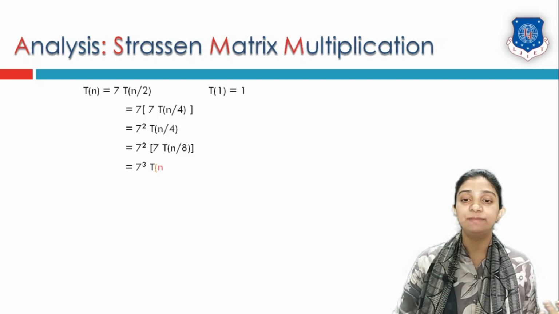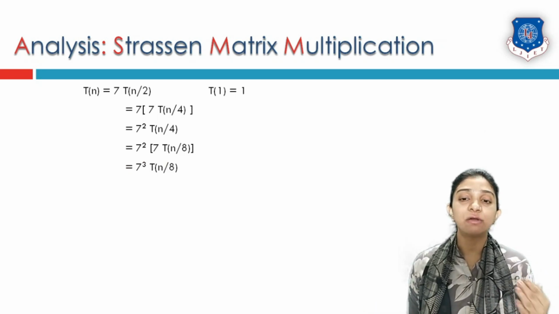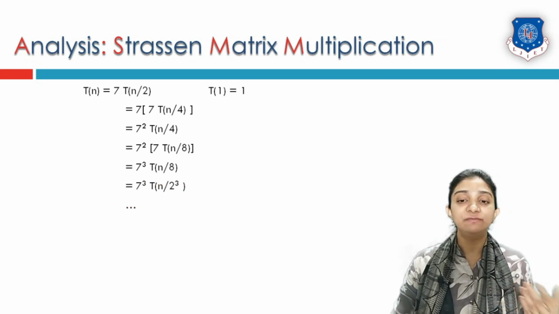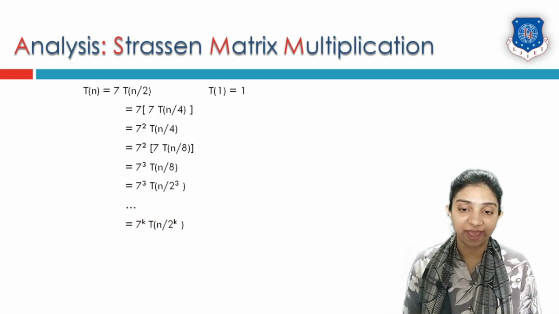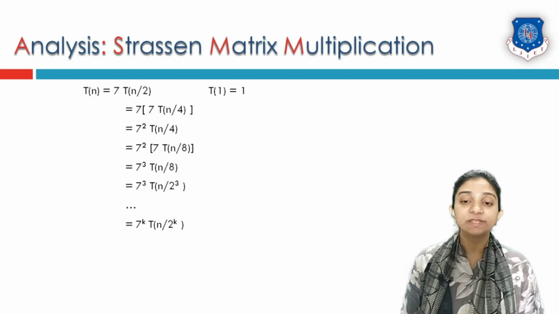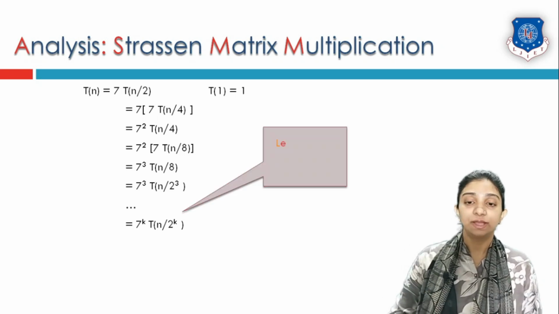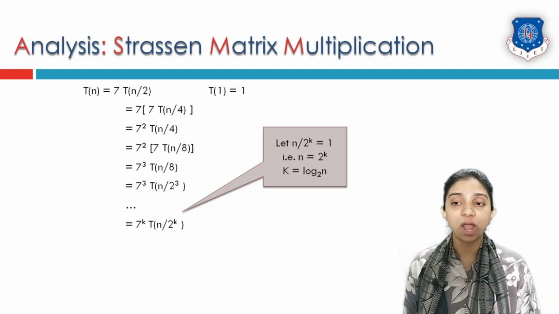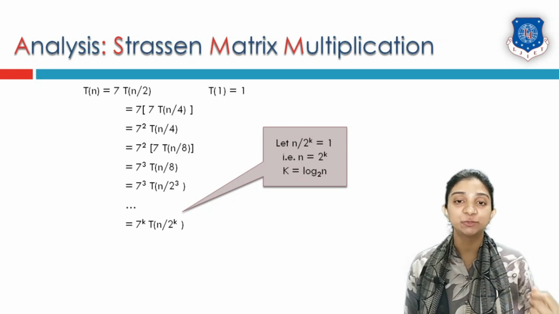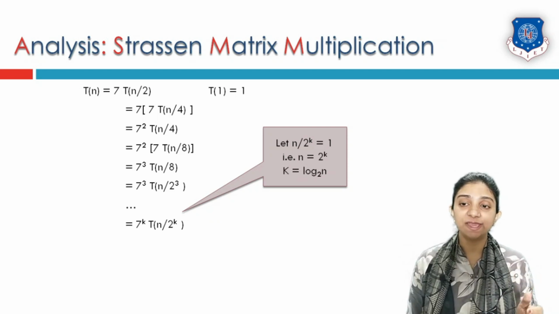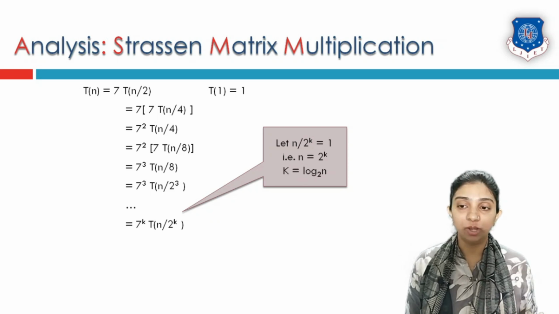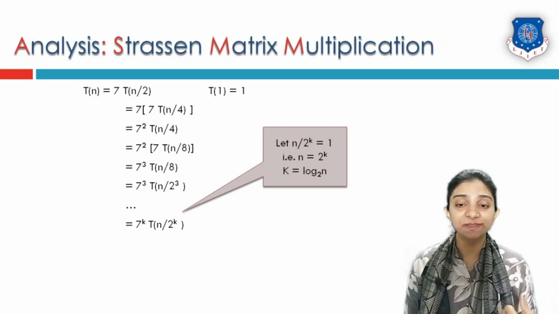So the term will become 7 cube T of n by 8. If we keep on substituting, we will get our generalized term as 7 raised to k T of n by 2 raised to k. Now, let us assume n by 2 raised to k is equal to 1. Then n is equal to 2 raised to k, and k is equal to log of n to the base 2.